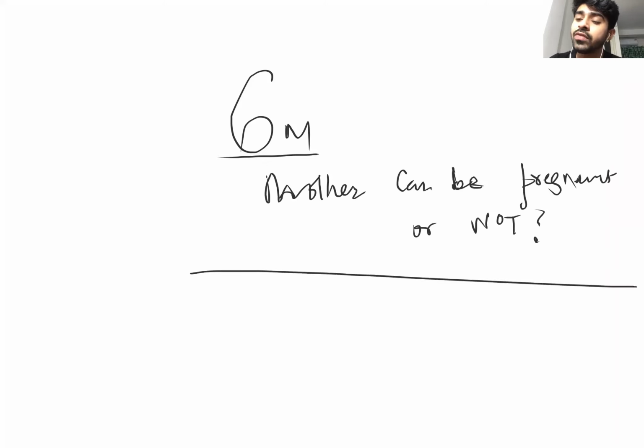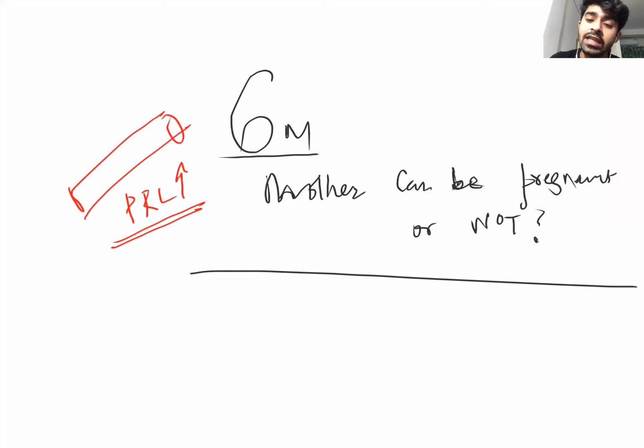In these 6 months of exclusive breastfeeding, I mean just after the delivery, for the next 6 months, the mother cannot be pregnant. Not only 6 months, even for 1 year, because in this time, in the blood of the mother, there will be a high level of prolactin, and a high level of prolactin prevents ovulation. And if you don't have any ovum, how can you get pregnant again?